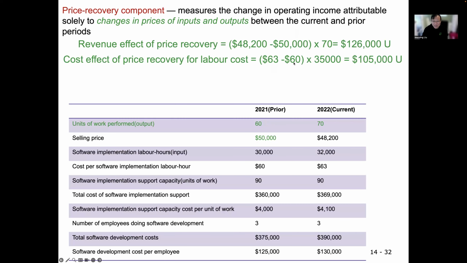In the prior period, you used 30,000 labor hours to produce 60. In the same period, if you need to produce 70, you're going to need 35,000 hours. So that's why we times 35,000.